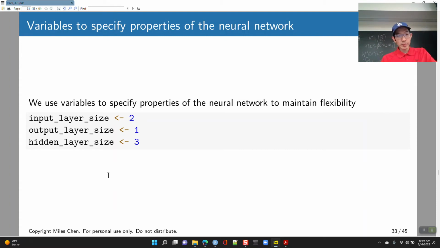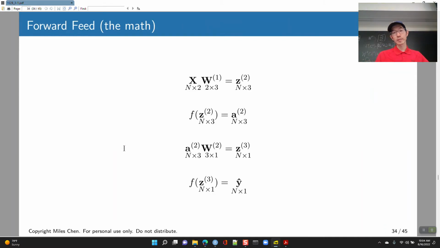And to maintain flexibility, rather than hard coding, I've got 2 nodes in the input layer, 3 nodes in the hidden layer, and 1 node in the output layer. I'm going to put in variables here: input layer size 2, output layer size 1, hidden layer size 3. That way I can change these variables later if I want to.